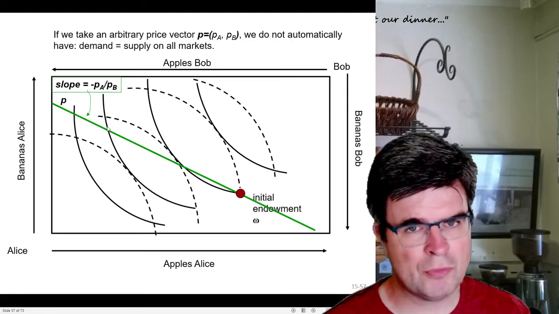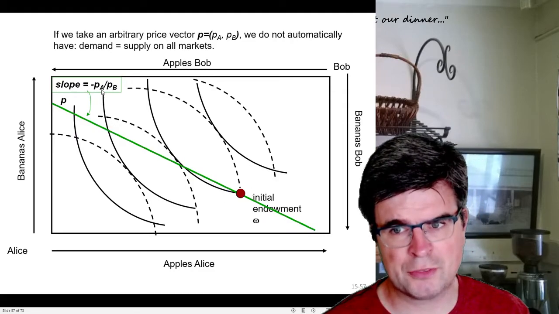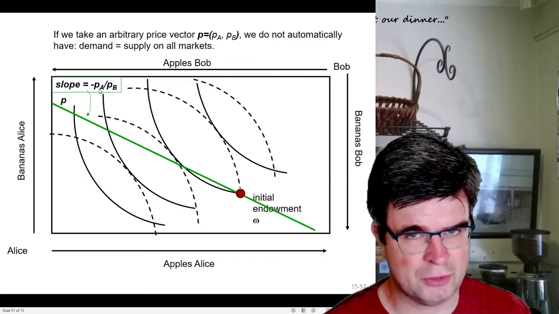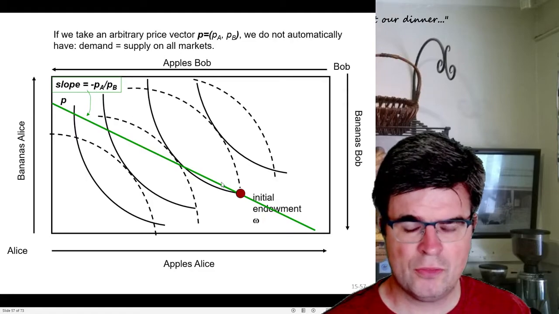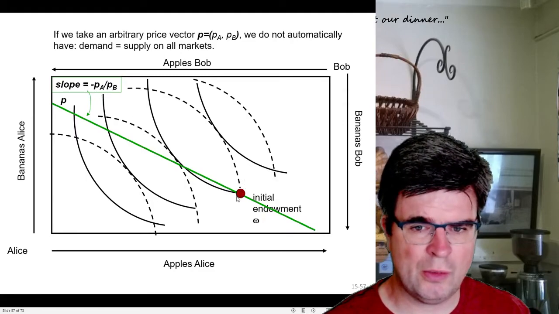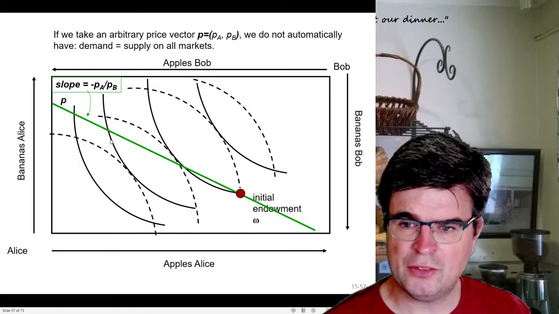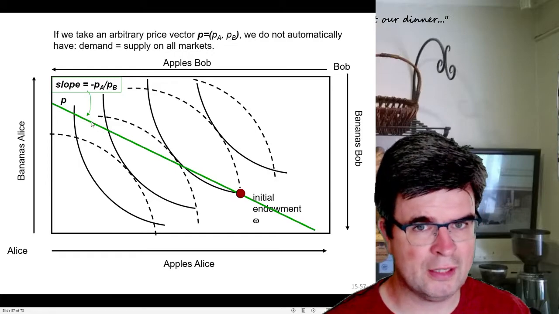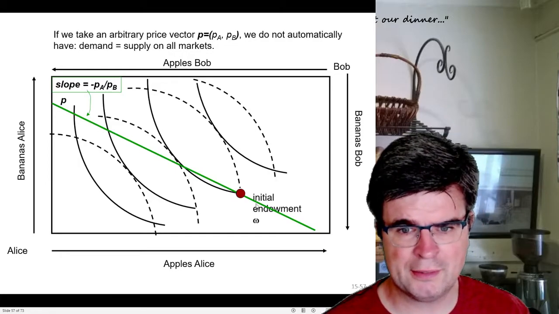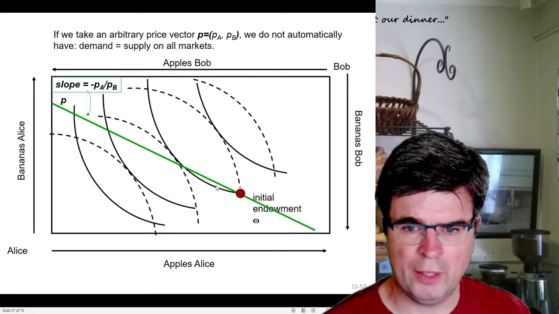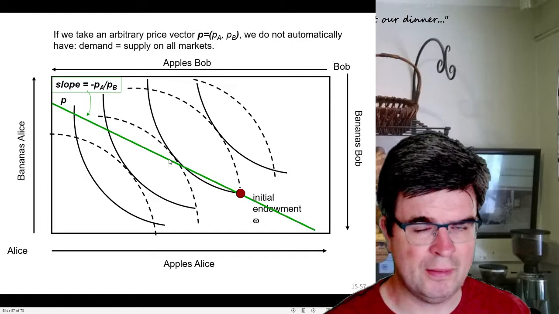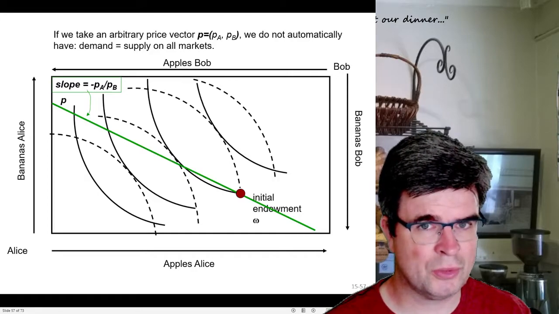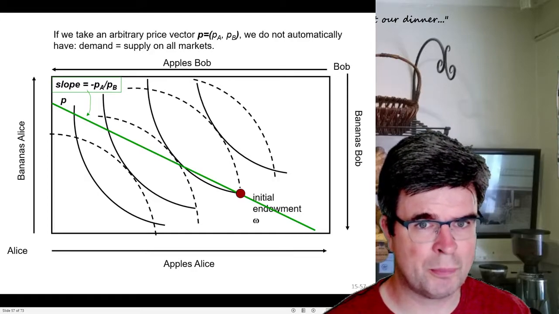And the slope of the line is the negative of the price ratio of apples and bananas, just like before when we studied utility theory. What Alice will do is, given that these are the prices at which she can sell or buy apples and bananas, she's going to look for the point on this budget line that maximizes her utility, that leads her to the highest indifference curve possible.